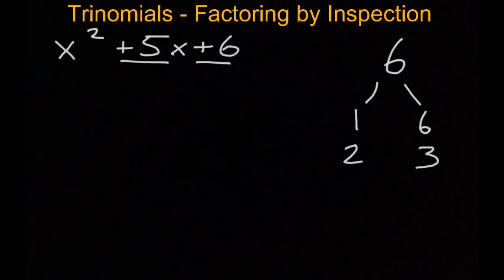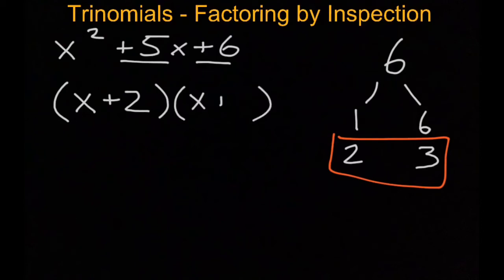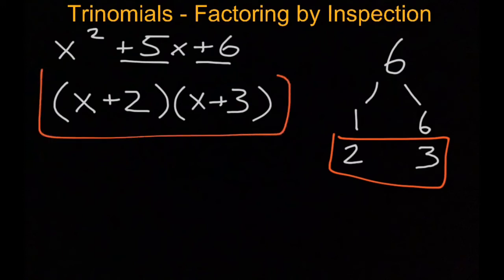So, which two numbers can add up to 5? So we know it's 2 and 3. So we can write out our factored answer like this: x plus 2, and another bracket with x plus 3. And this is your final answer.